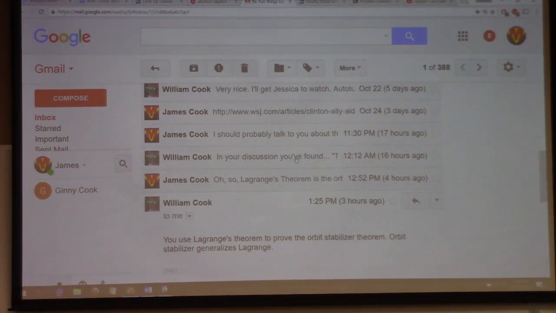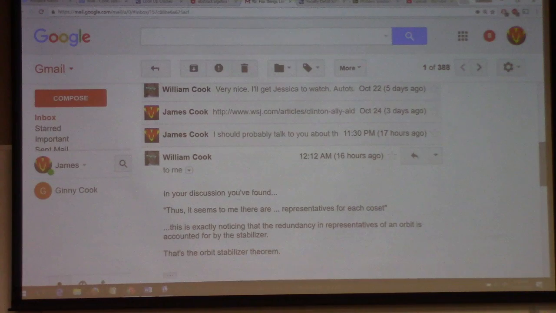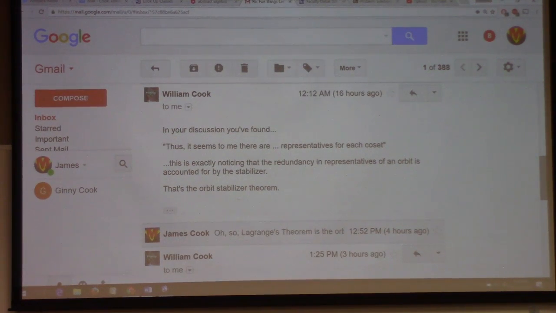In your discussion, you found, thus, it seems to me, there are representatives for each coset. And he says, this is exactly noticing the redundancy of the representatives of an orbit is accounted for by the stabilizer. That's the orbit stabilizer theorem.